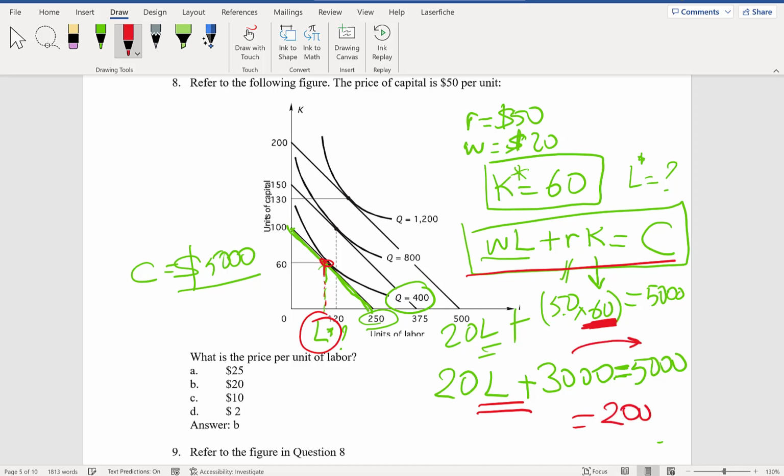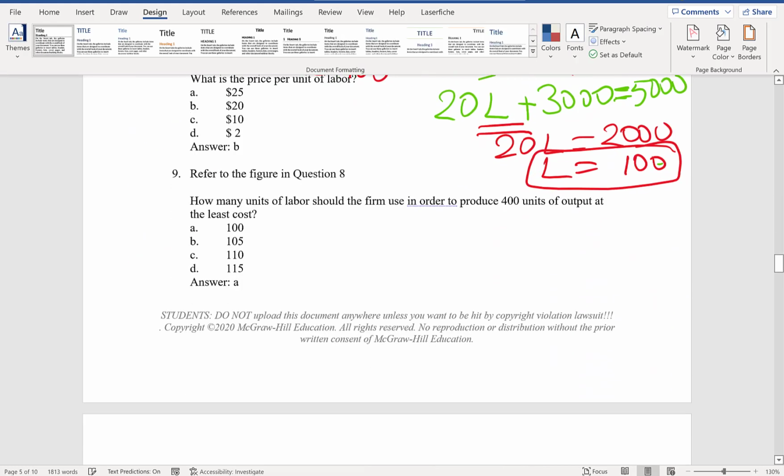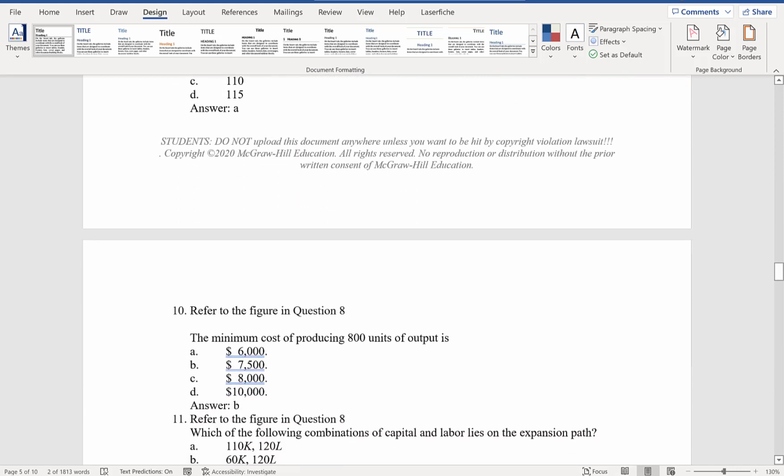It becomes 2,000. 20L equals 2,000, divided by 20, you will find labor to be 100 units. So this here is going to be 100 units of labor. The correct answer is A. Again, Figure 8.